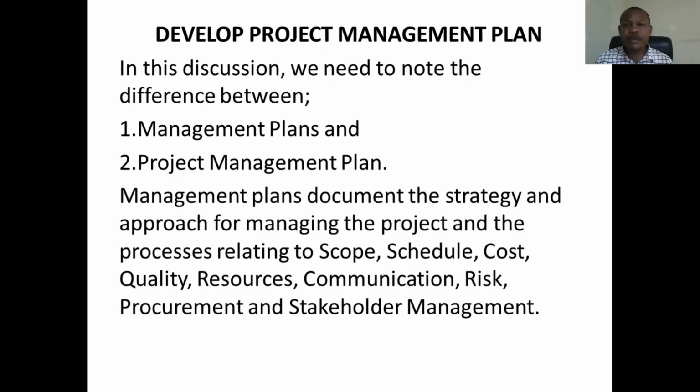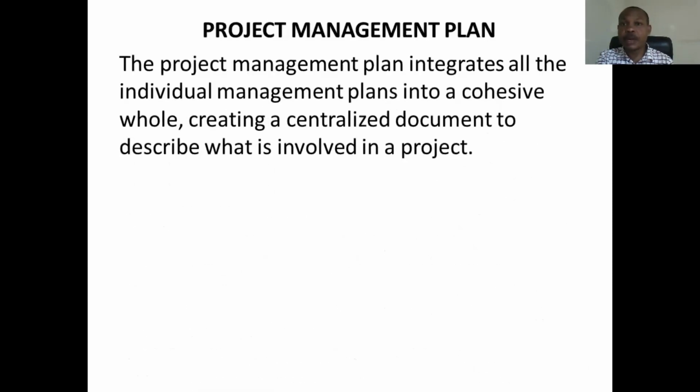The management plan documents the strategy and approach for managing the project and the processes relating to scope, schedule, cost, quality, resources, communication, risk, procurement, and stakeholder management. The project management plan integrates all the individual management plans into a cohesive whole, creating a centralized document to describe what is involved in a project.